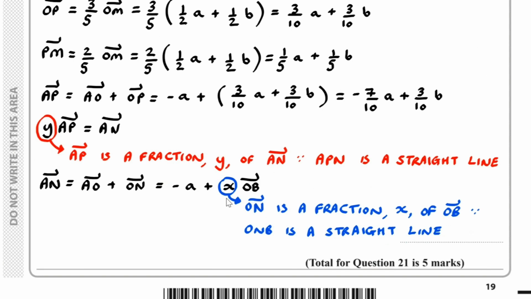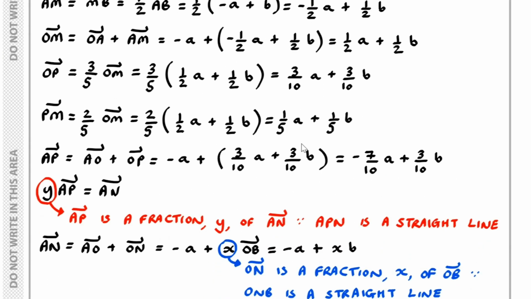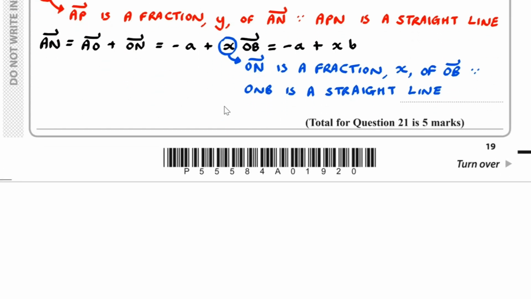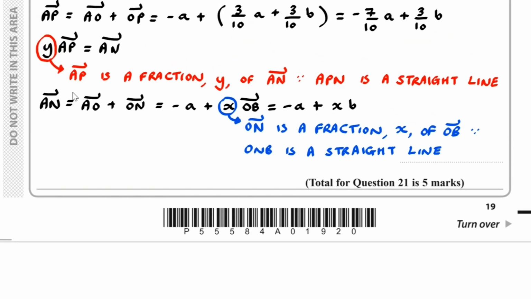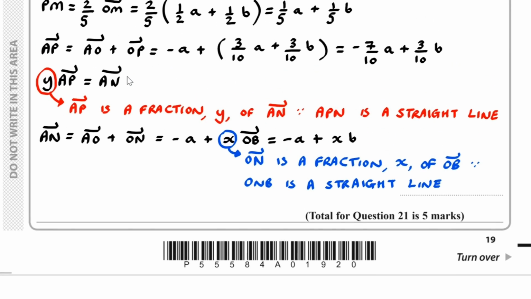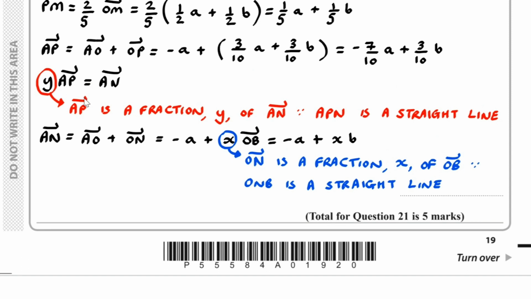So if I work this out, I've got minus A plus x times by B, because the vector OB is equal to B. So how does this help us? Well, because I know that y times by AP is equal to AN, I know what AN is, and I know what AP is.